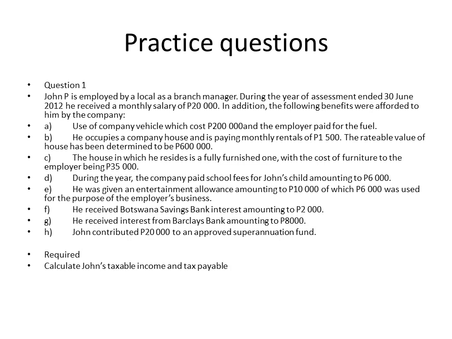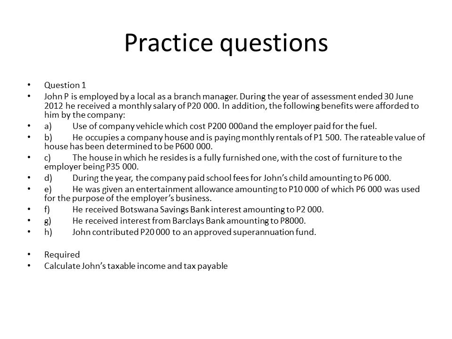Now, we would like to look at this question. John P. John is employed by a local company as a branch manager. During the year assessed ended 30 June 2012, he received a monthly salary of 20,000 pula. In addition to that, the following benefits were afforded to him by the company. He had a company car, he used a company house and company furniture.